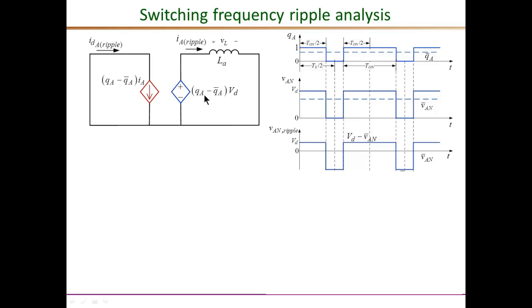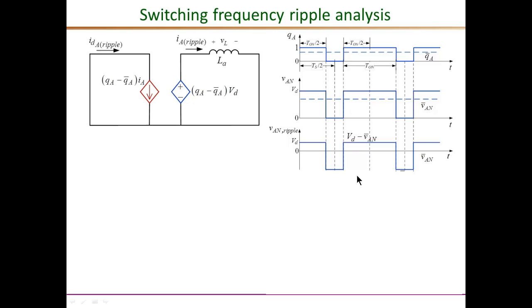Q is the switching component, and Q bar is its average value, which we saw earlier is nothing but the duty ratio D sub A. When Q is 1, which is the on interval, the secondary voltage, same as the inductor voltage, is (1 minus D) times VD. That is VD minus D times VD, or VD minus VAN bar, because D times VD is VAN average.